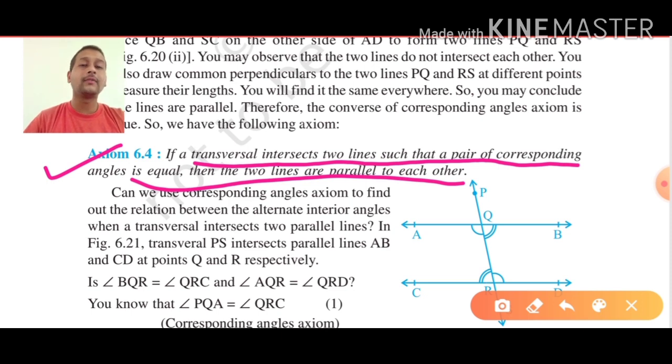Now the converse is: if a transversal intersects two lines such that a pair of corresponding angles is equal, then the two lines are parallel to each other. So if we can show, in case of two lines intersected by a transversal, that only one pair of corresponding angles is equal, then the lines are parallel. Okay, the converse.